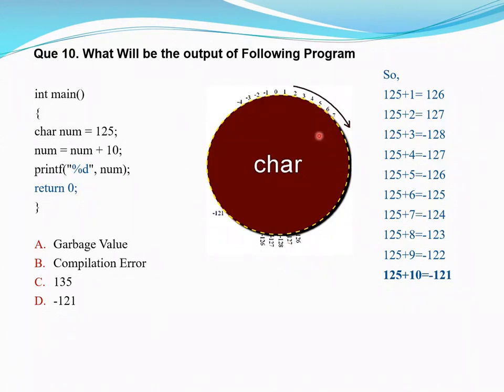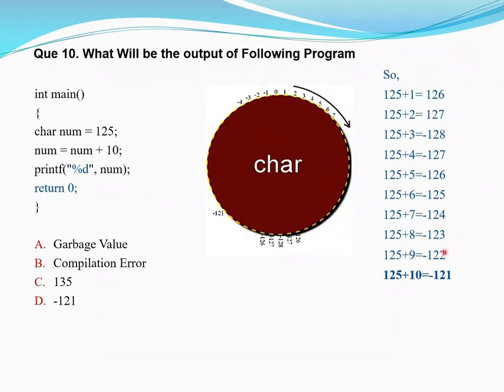Similarly here, num contains the value 125 and we increment the value by 10. How will it work? 125 plus 1 will be 126, plus 2 will be 127, but here the maximum range is reached. If you increment the value beyond 127, its next value will be -128. If you again increment the value, it will be -127, and so on.